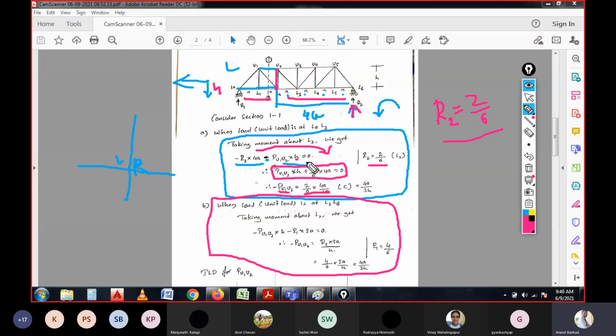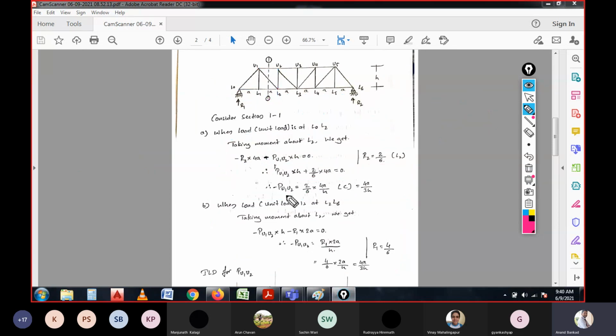So P U1 U2, which is H, is considered at the bottom. Right, the equation is simplified, then we have written 4a by 3h. That means we are substituting the value of R2, then we are able to calculate 4a by 3h.